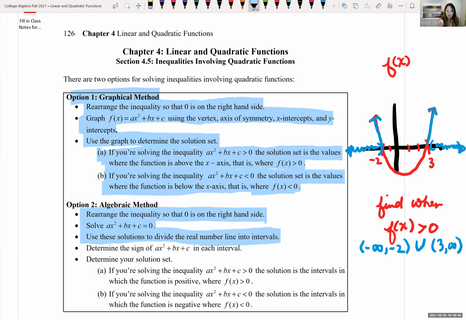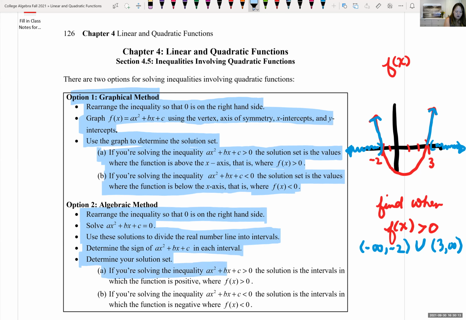These are what I call critical numbers, the values that set it equal to 0. We place those critical numbers on our number line, and then we test on each side of our interval. We choose values on each side and plug them into our inequality to see if it's a true or false statement. That's why we're determining the sign: if we plug it in, is it going to be bigger than 0 or less than 0? So determine your solution set.